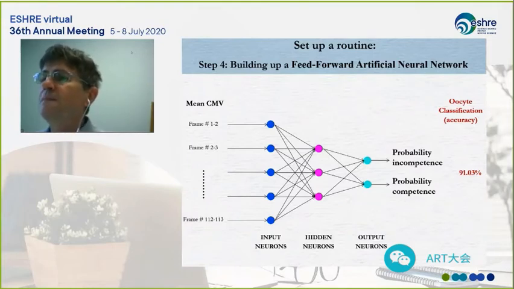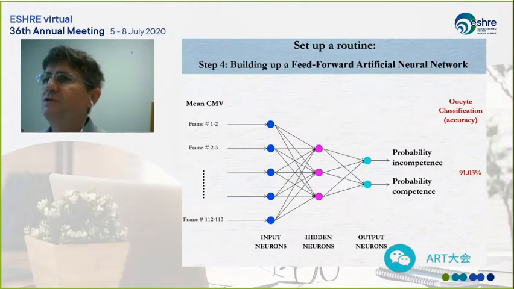Then the artificial neural network, which is named among the many that are present in the artificial intelligence set of tools. This is what's called a feed-forward artificial neural network, and it was tested blinded.